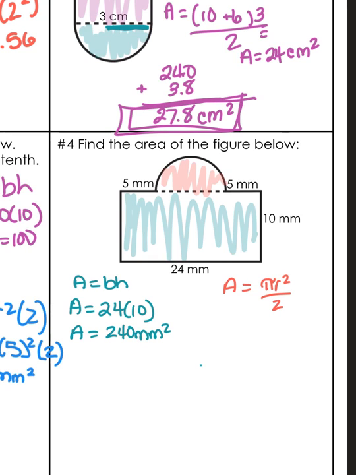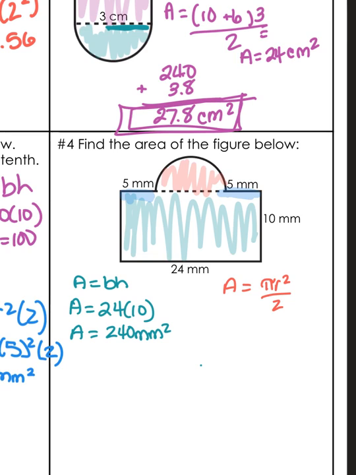Now this next one is where it gets a little trickier. I have to figure out what my radius is. This is where it's tricky because I know that this whole thing is 24, right? So this can get really kind of a little bit more difficult. If I'm doing this, I know that this right here is 10, right?